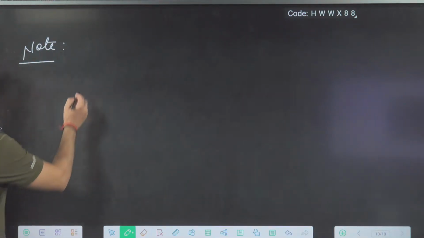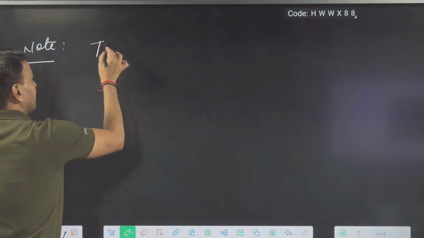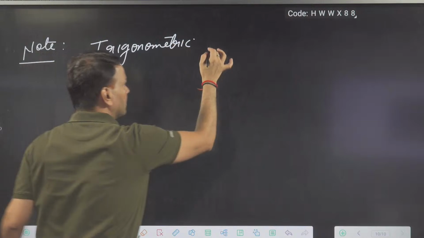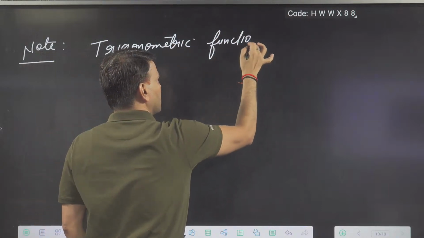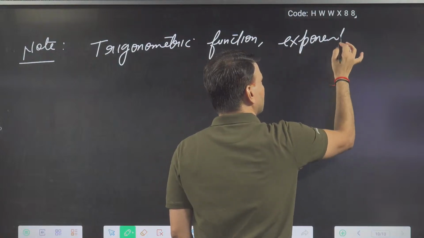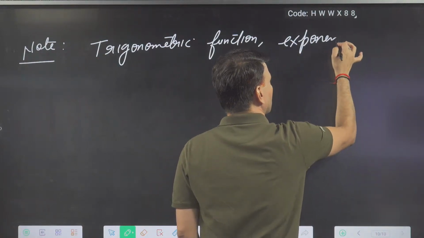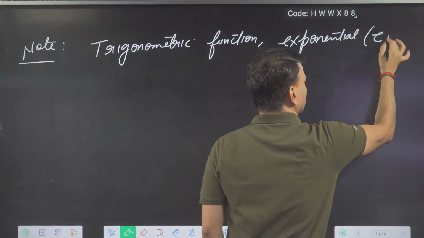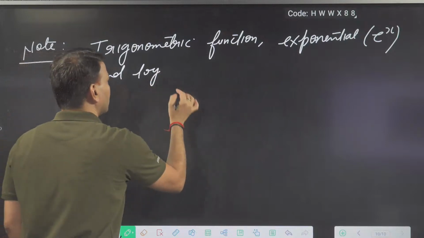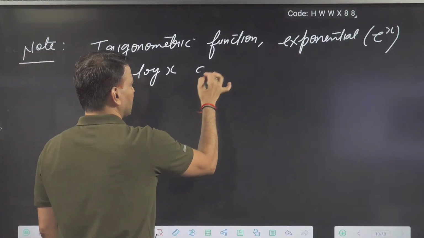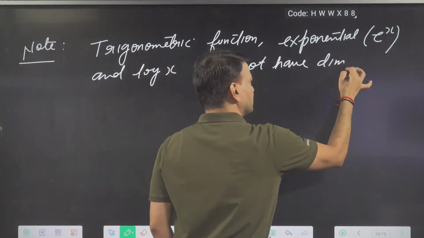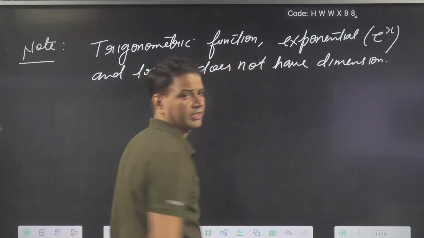So what I can say, trigonometric function, exponential e to the power x, and log do not have dimension, because they will give a numeric constant.